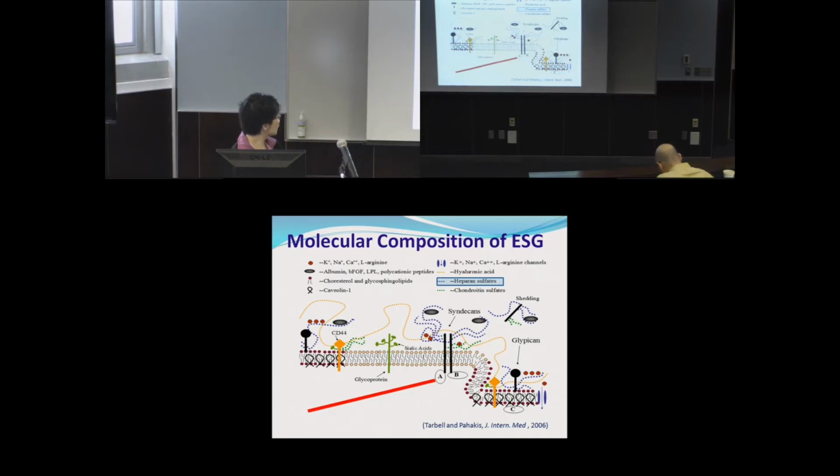And this green one is chondroitin sulfates. They're all GAGs, glycosaminoglycans. The most abundant one is heparan sulfate, but of course we do not show the percentage of each component. So in our case, we want to see if we use an antibody with fluorescein to attach to this heparan sulfate, can we at least tell the thickness of this layer in vivo?